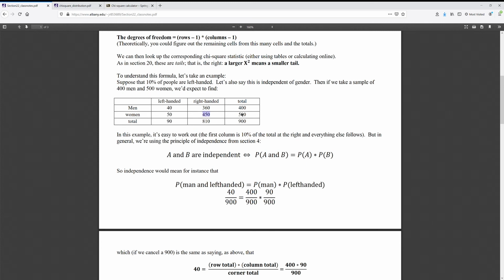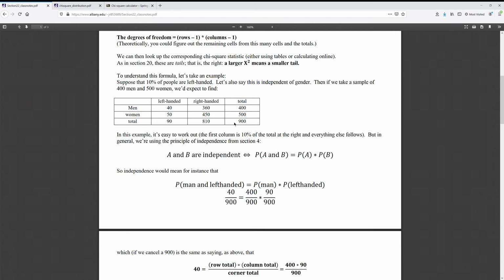If we look at 400 men and 500 women for a total of 900 people, and if it is true that handedness is independent of sex, then we could figure out these counts. So that is the ideal.